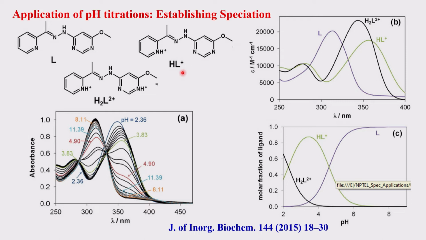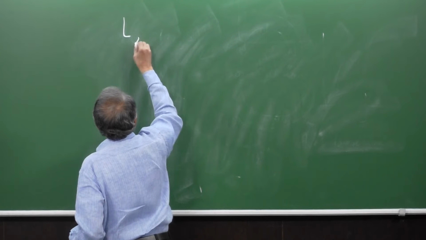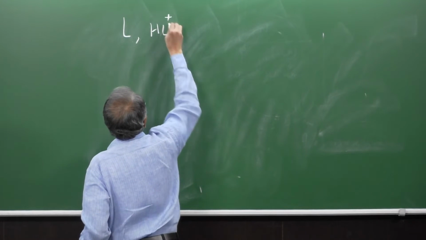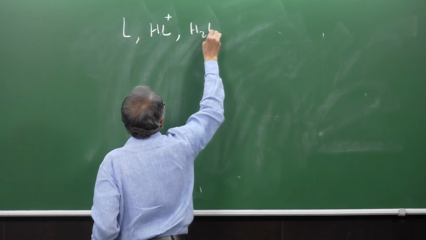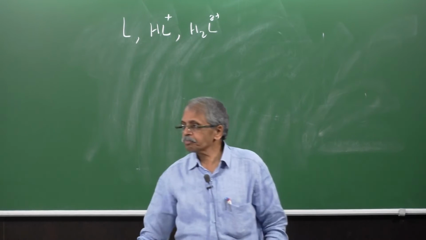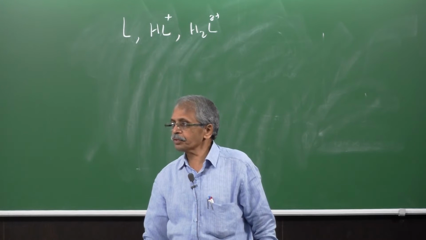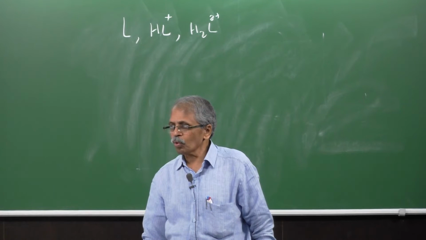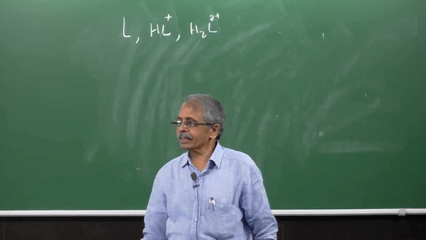It's called HL plus. This can also get another protonation, one here, one here. That will be diprotonation. So the L, then HL plus, then H2L 2 plus. So this is a neutral species, a monocationic species, a dicationic species.